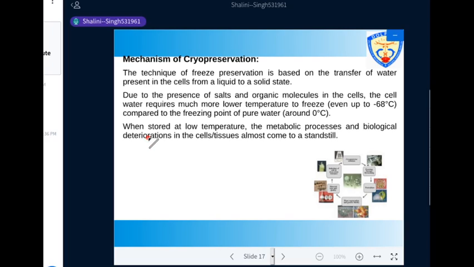What is the mechanism of cryopreservation? The technique of freeze preservation is based on the transfer of water present in the cell from a liquid to a solid state.